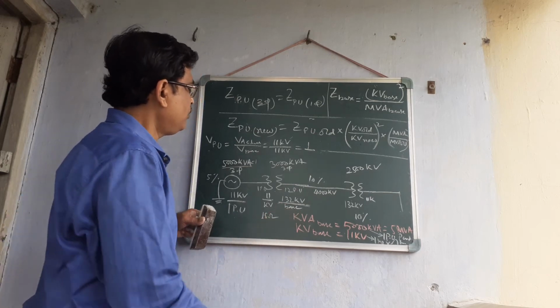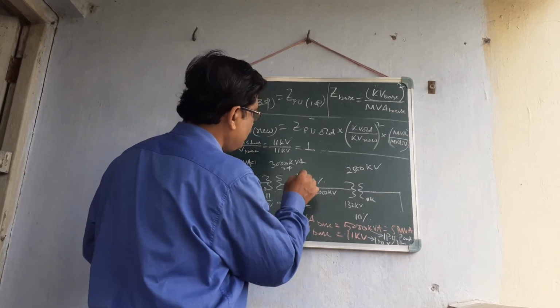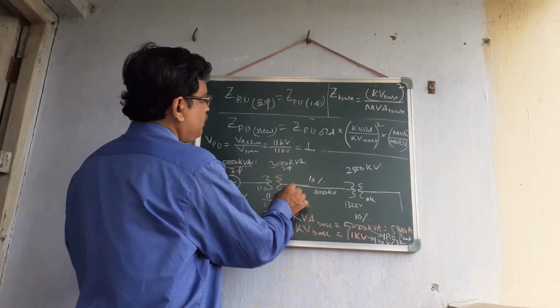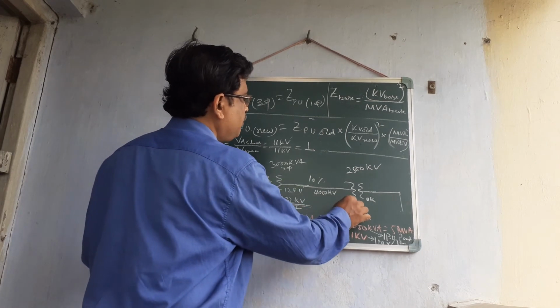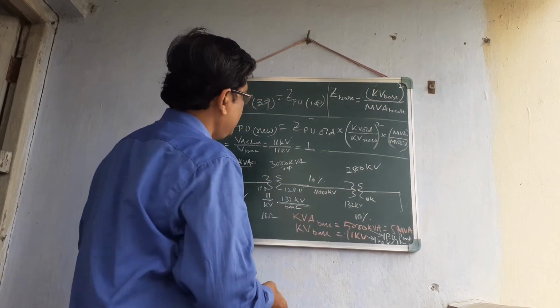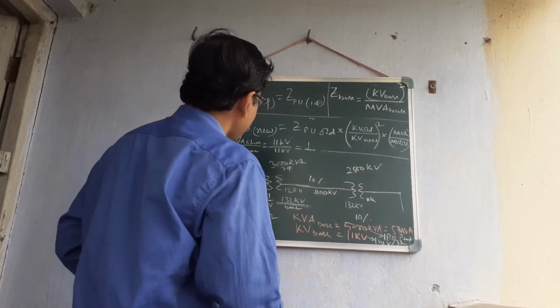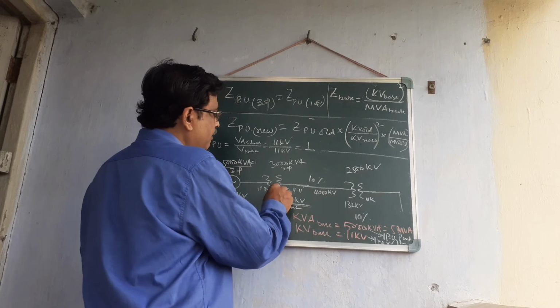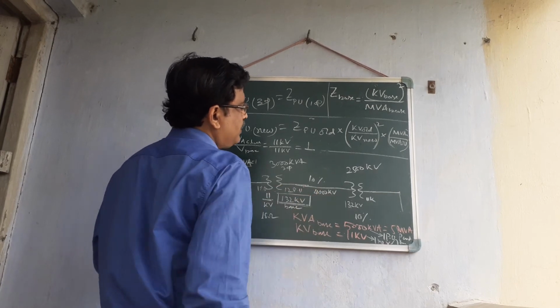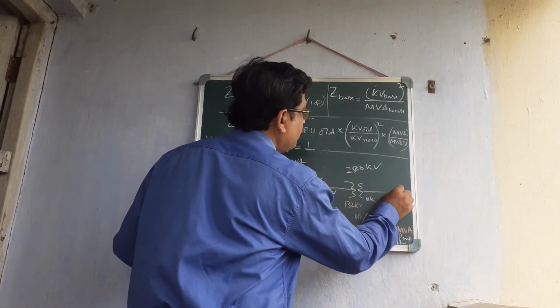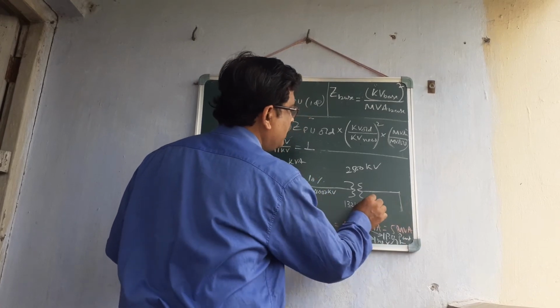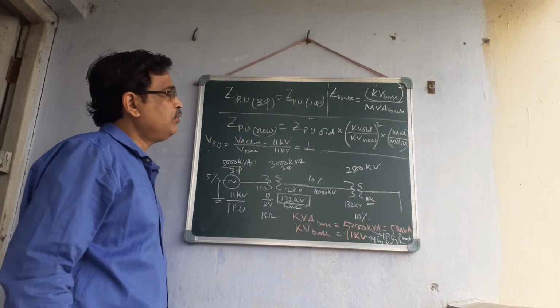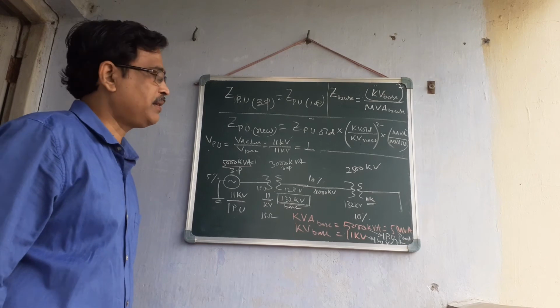Okay, clear? So it is not a 12 per unit voltage here and 12 per unit voltage there, like that. At the time of calculation of impedance, we have to take this one as the base kV. Here, when the load side is calculated, 11 kV will be taken as the base kV.